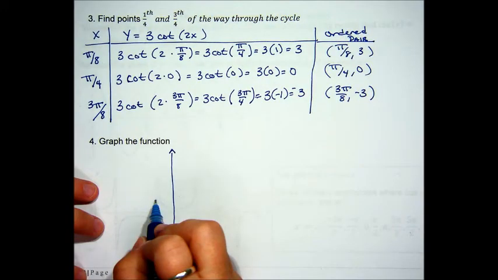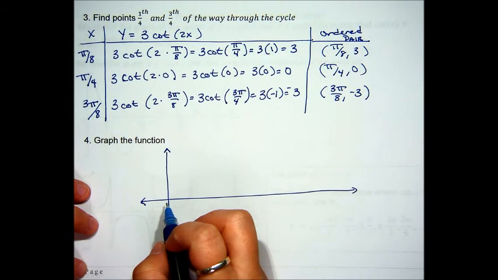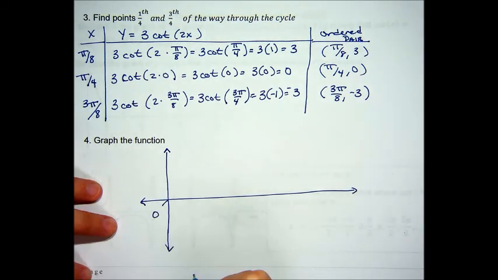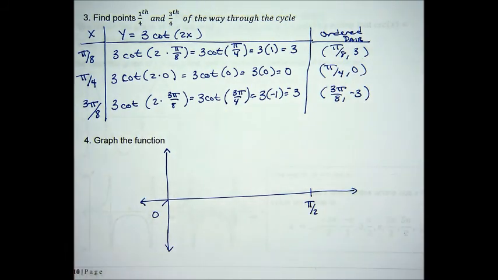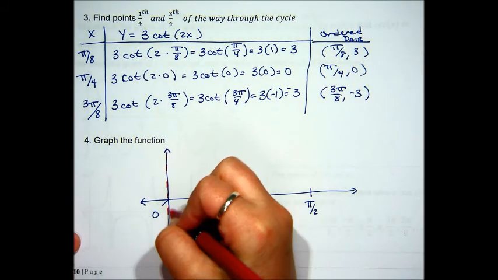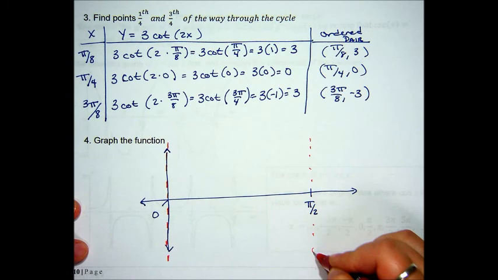We came up with the points: our 1/4 of the way, our midpoint, and our 3/4 of the way through. So what I want to do is graph our asymptotes. Keep in mind that we had an asymptote at 0, and we had an asymptote at pi over 2. Here's my asymptote at 0.